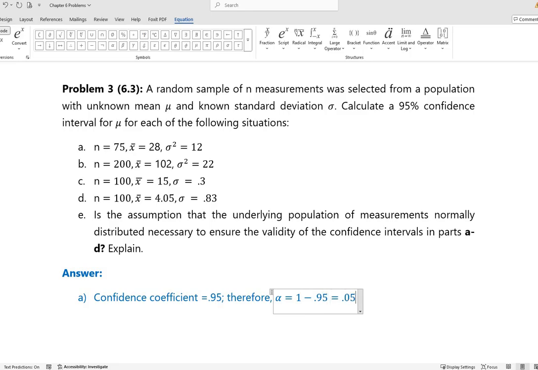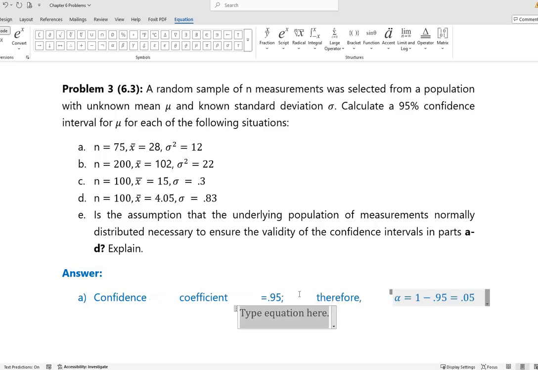And therefore alpha divided by 2 should be equal to 0.025, correct?